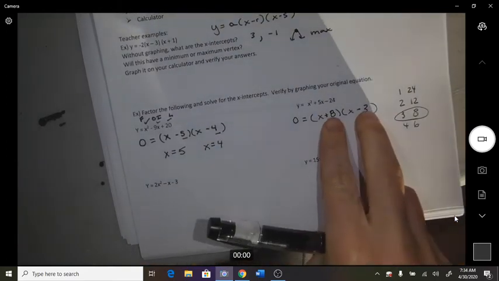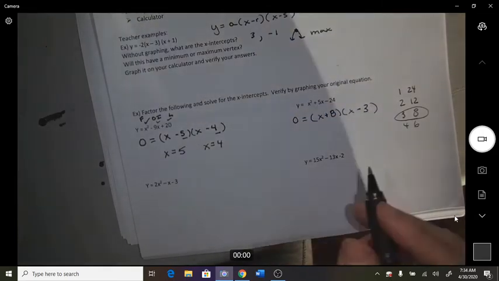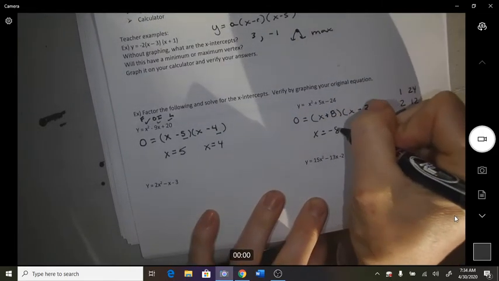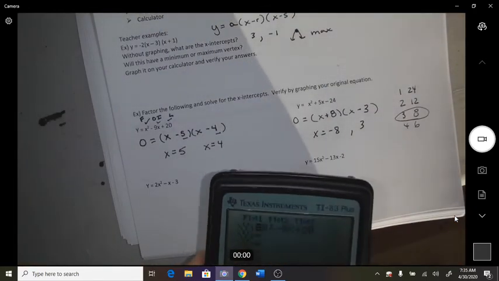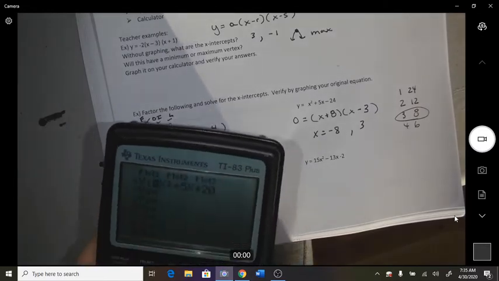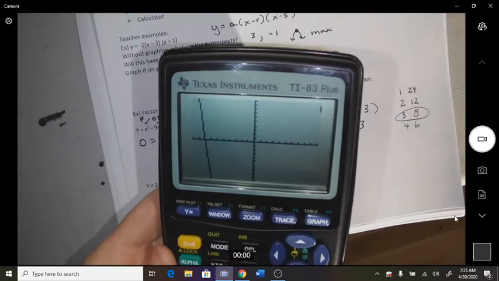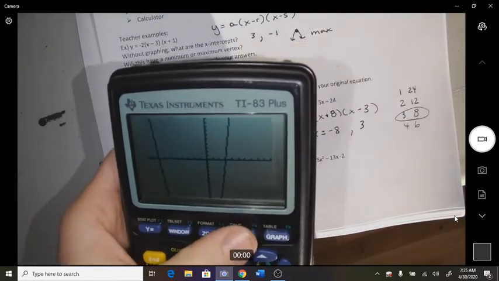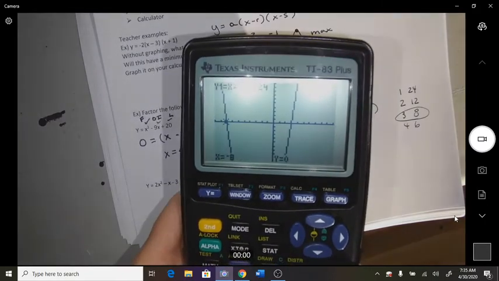So those multiply to negative 24, and those add to positive 5. So x equals negative 8, x equals 3. Quickly again, we'll just graph it. And looks like we have 3, yep, and a negative 8.